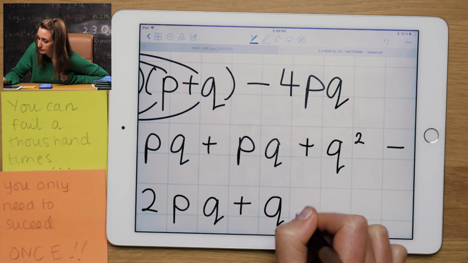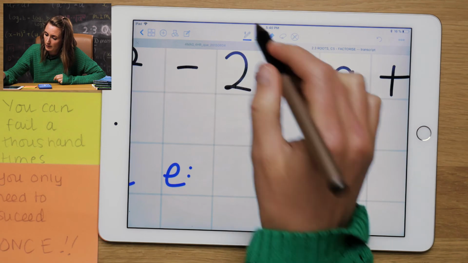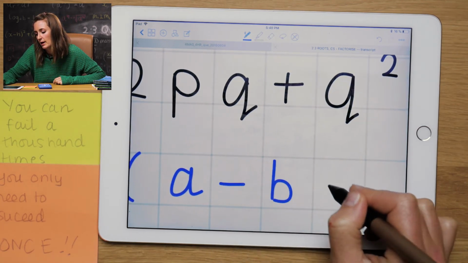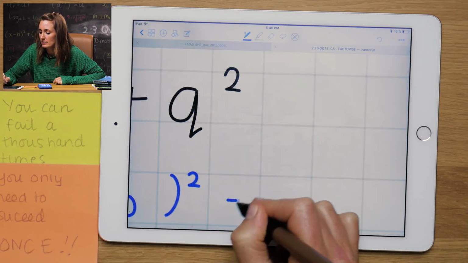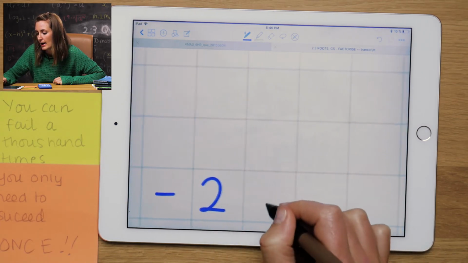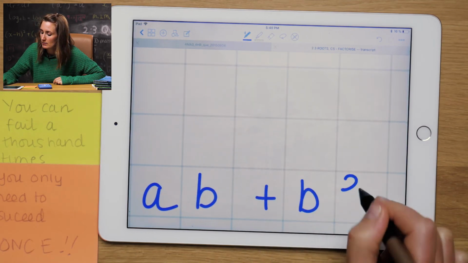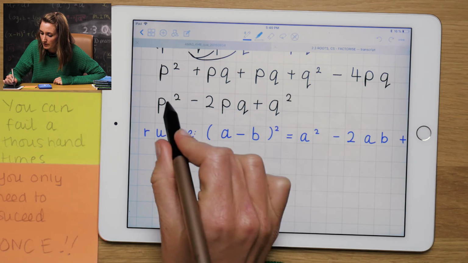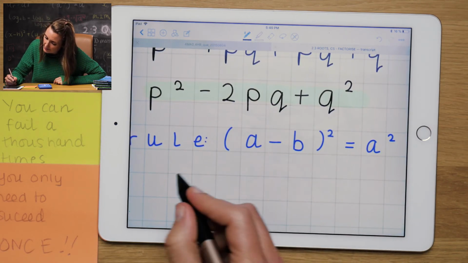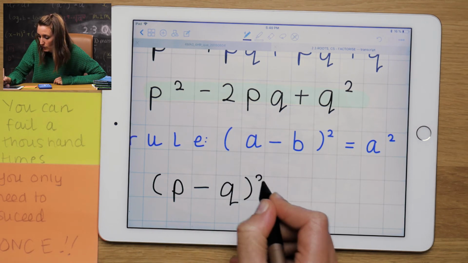This can be factorized using this rule. You may recognize this if you're already up to date on your binomial theorem. (a minus b) squared is a squared minus 2ab plus b squared. I'm going to factorize this line by saying that's (p minus q) squared.